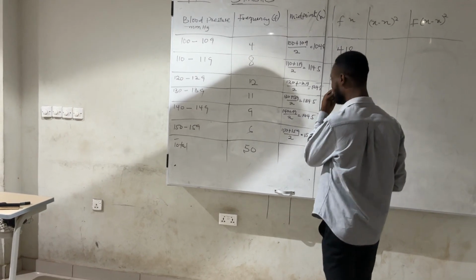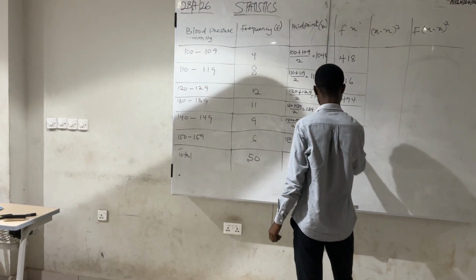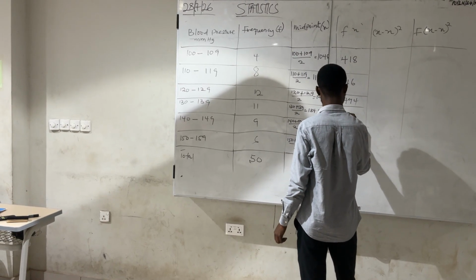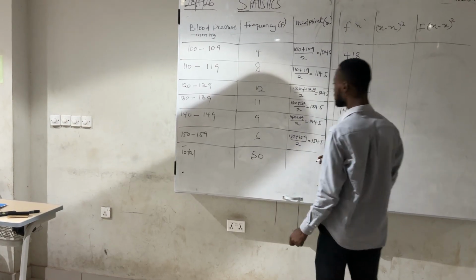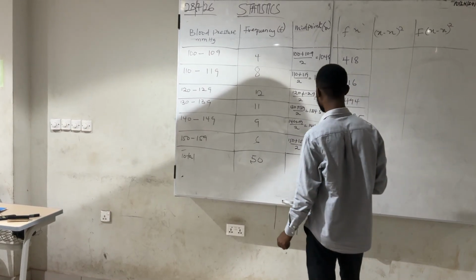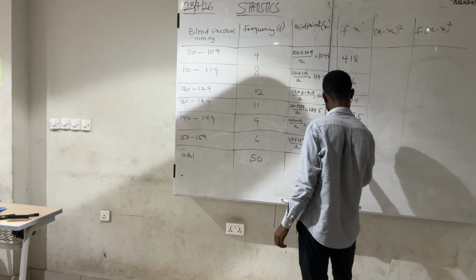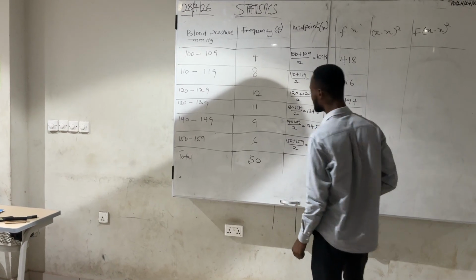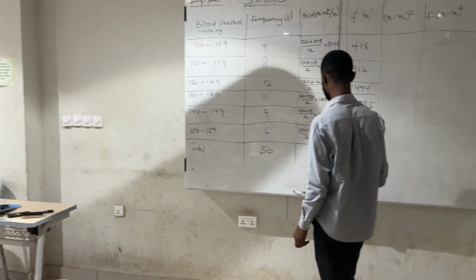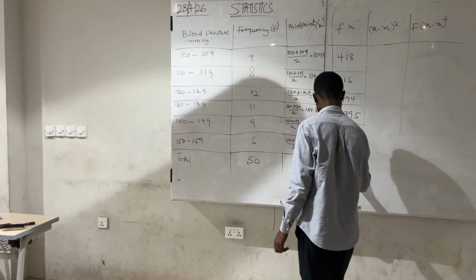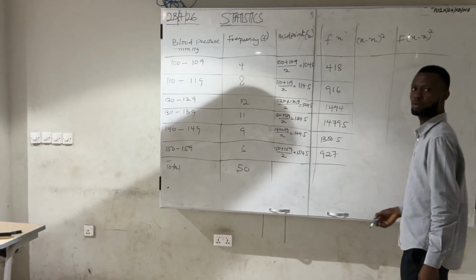Then multiplying 11 by 134.5 gives 1479.5. Then we multiply 9 by 144.5, which is 1300.5. Then we multiply 6 by 154.5, which is 927.